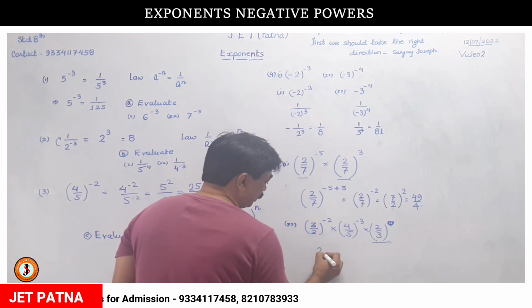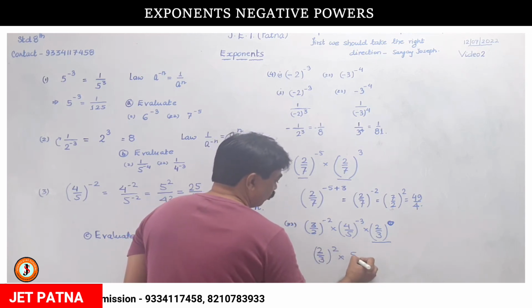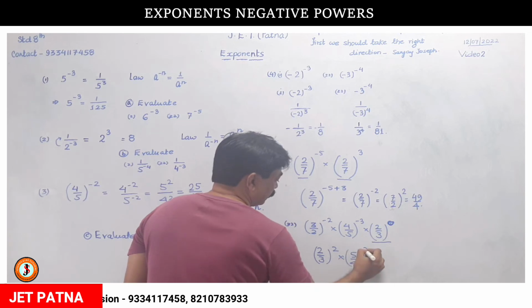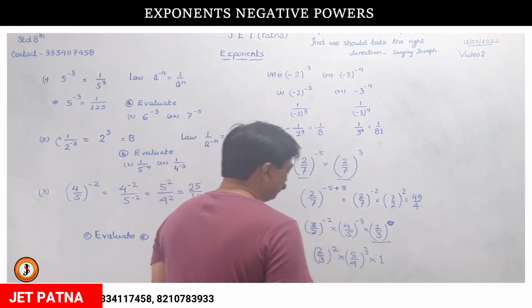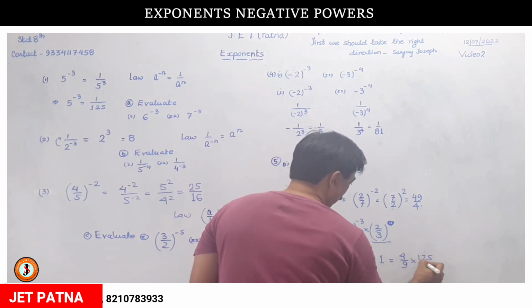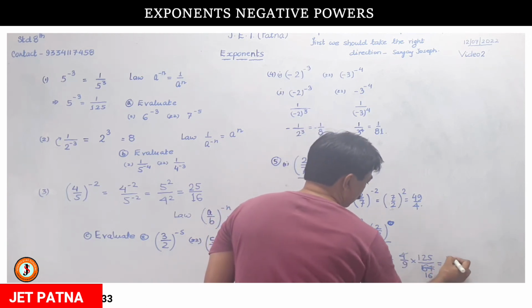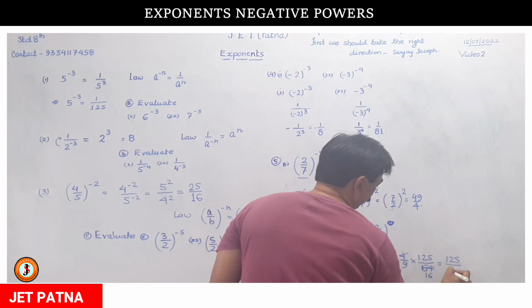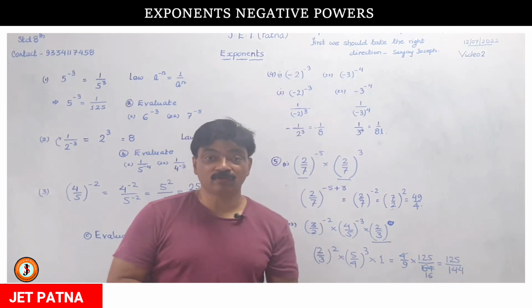This will be 3 by 2 to the power 2 into 5 by 4 to the power 3 into 1. So now you can easily evaluate. This will become 9 by 4 into 125 by 64. So this is 125 by 144. This is the answer. So this is how we go.